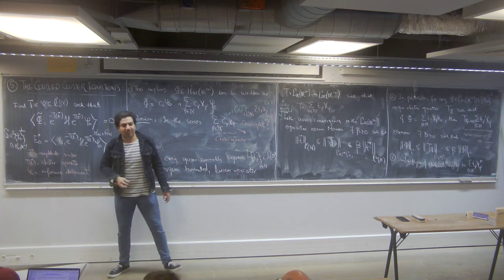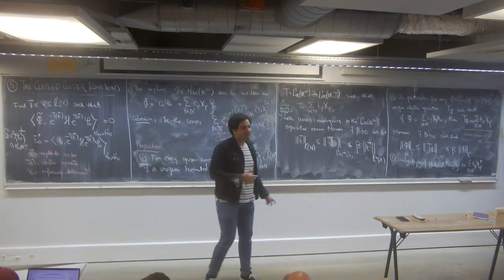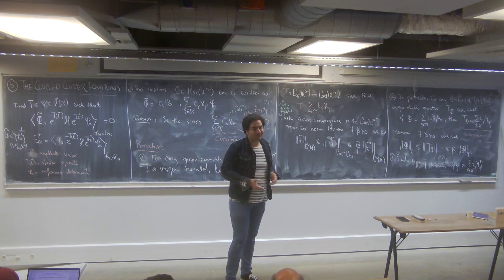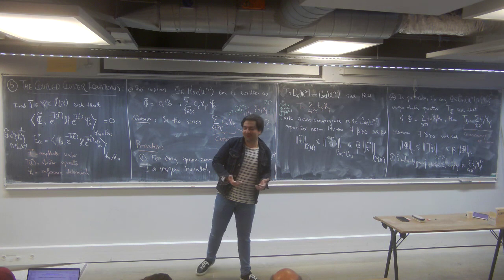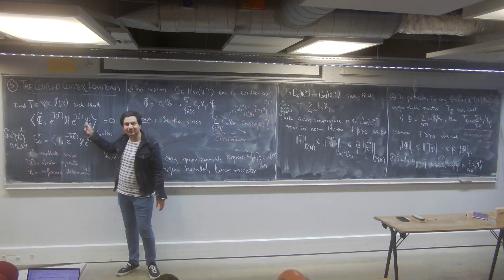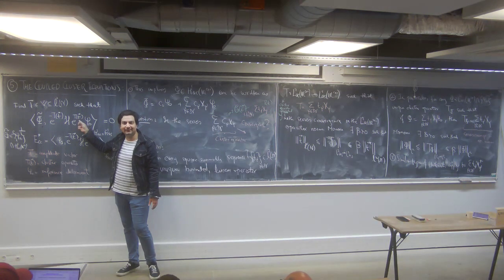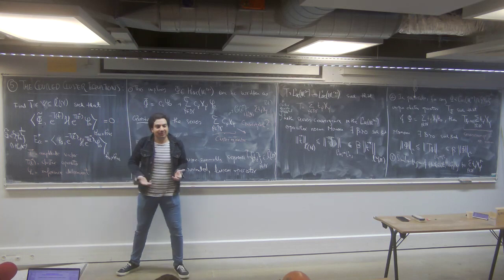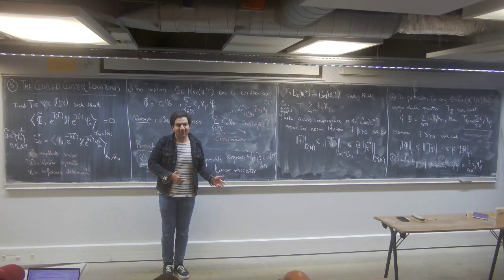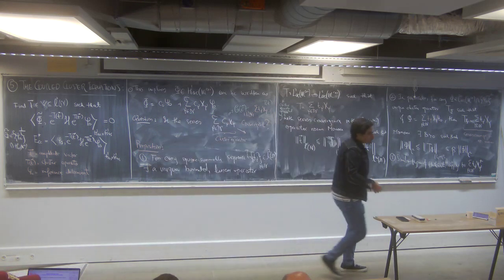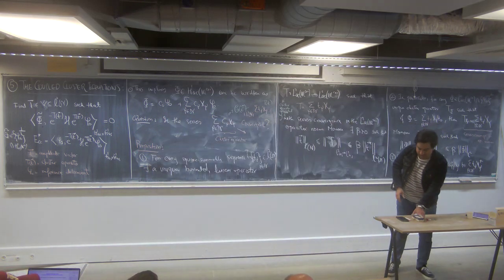But here I'm applying the Hamiltonian. So the result that I have is not good enough because I cannot apply the Hamiltonian to an arbitrary function that is in L2. I need to have stronger regularity. I need to show that if I start with the wave function, which is in H1, and I apply the cluster operator, then I get something which is in H1 so that I can apply the Hamiltonian to this guy. It's not enough to be in L2. So we need a stronger version of a statement like this.